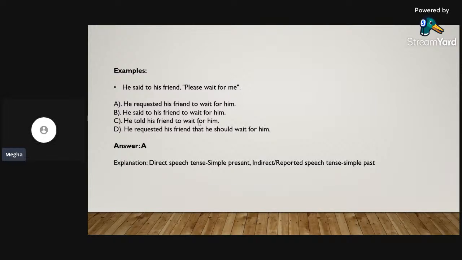So not option C. Option D, he requested his friend that he should wait for him. See how the sentence itself has been changed here. He should means it is a compulsive statement, correct? Compulsorily, he has asked the person to wait for him. So not option D. Option A is the right answer. He said to has been changed to requested to. He requested his friend to wait for him.